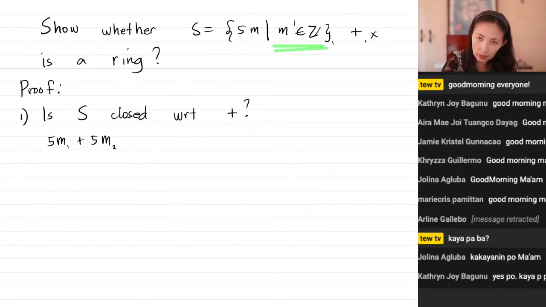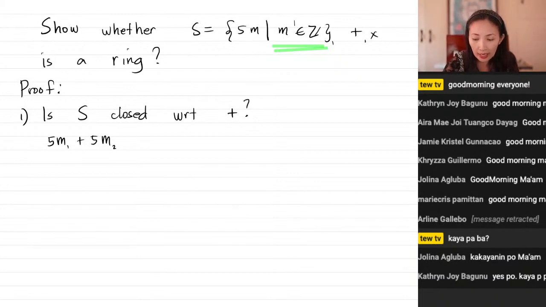Will this be equal to 5m? So we have to show that the sum of any two multiples of 5 is a multiple of 5, or in this form, 5m. So that is our target.